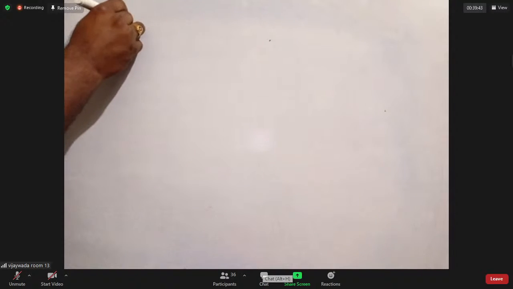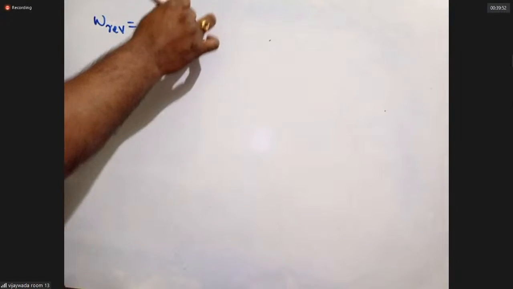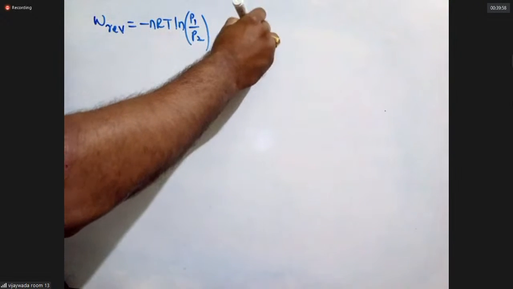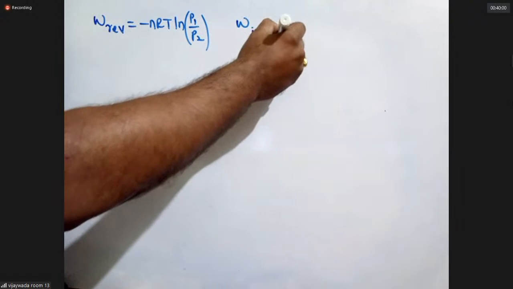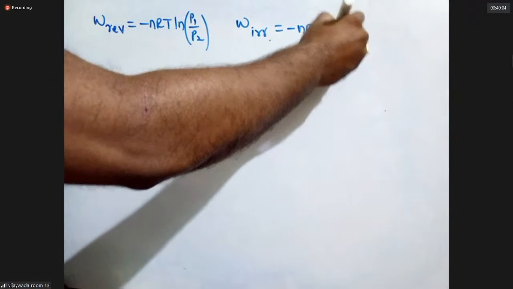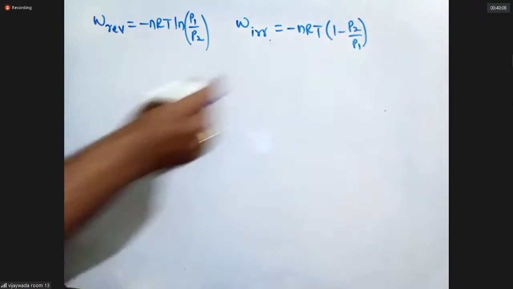So students, work done in the reversible process equation is minus nRT natural logarithm ln P1 by P2. Okay, it is work done reversible. Work done irreversible equals minus nRT into 1 minus P2 by P1. Fine.